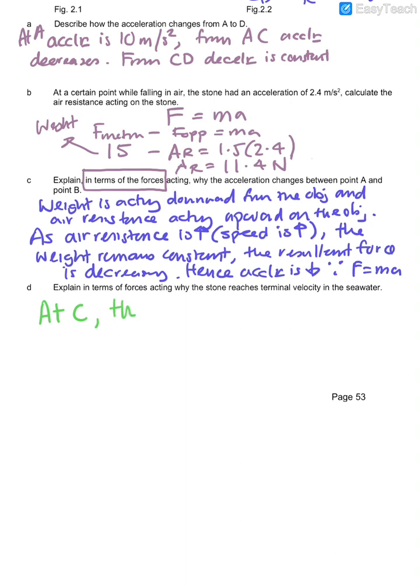The object speed is maximum when it hits the seawater. Makes sense, right? Because it's falling, so the moment it hits the seawater, it's very high speed.